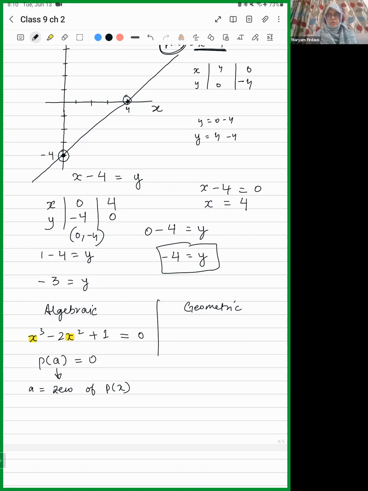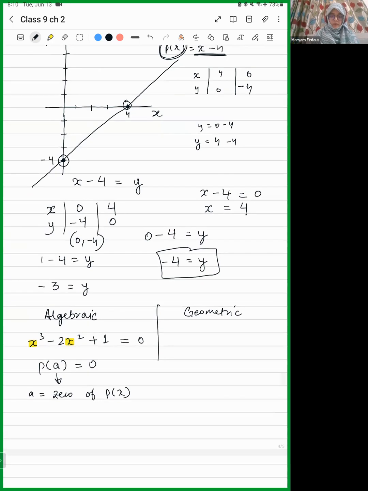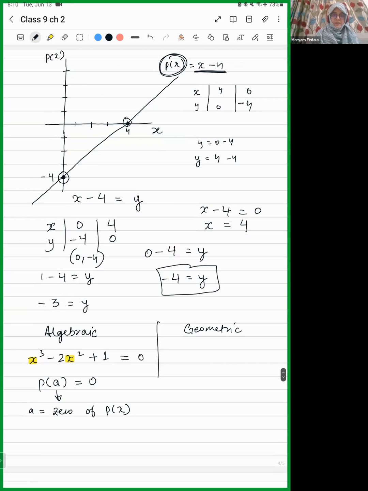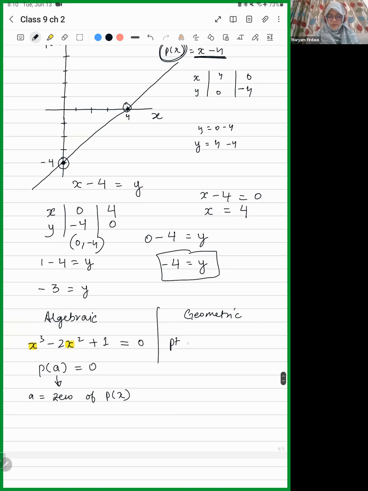Or, in other words, the value of x at the point where the line crosses the x-axis.